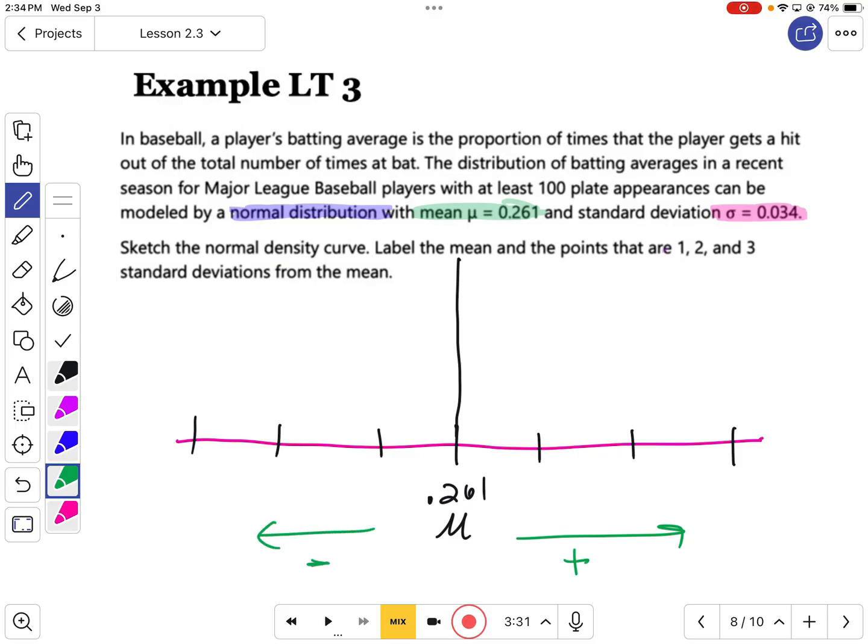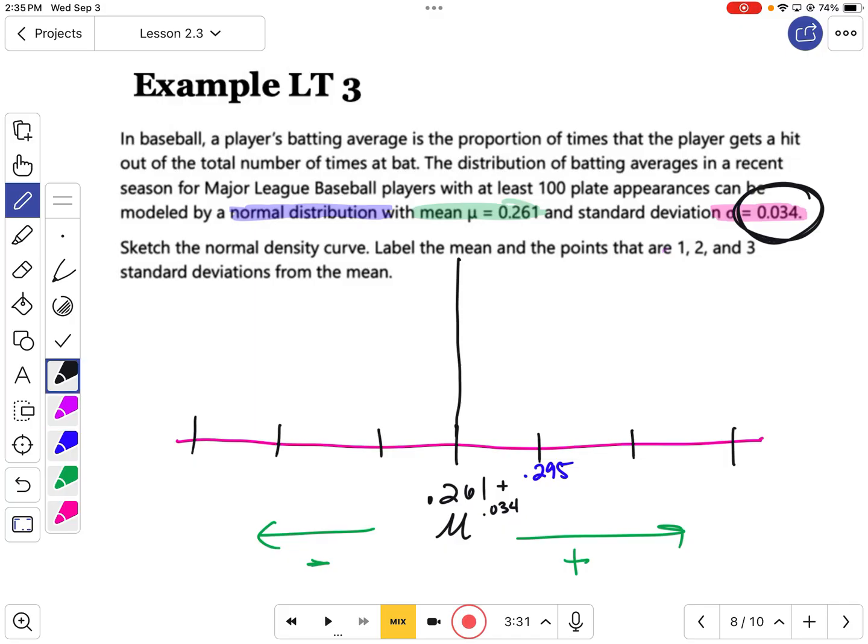What we're going to do is add the standard deviation to that 0.261, and then add the standard deviation to the answer we get, and add the standard deviation to the answer we get again. My standard deviation is 0.034. So I'm going to pick up my calculator and type in 0.261 plus 0.034. The first number going forward is 0.295.